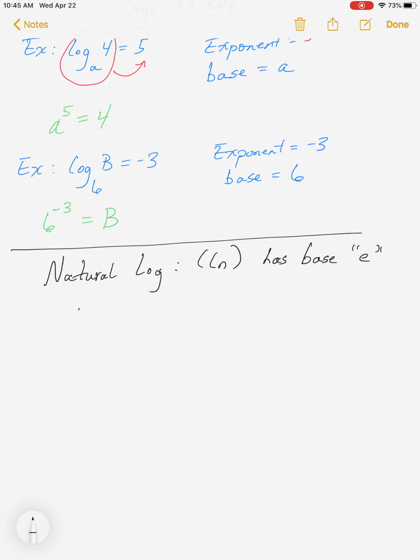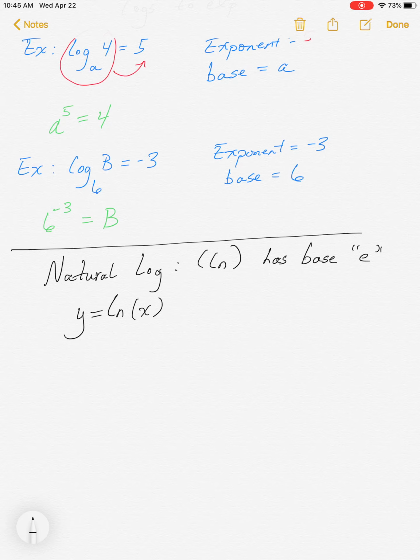So when you have y equal natural log of x, it won't be written with a base. You're just supposed to know it.